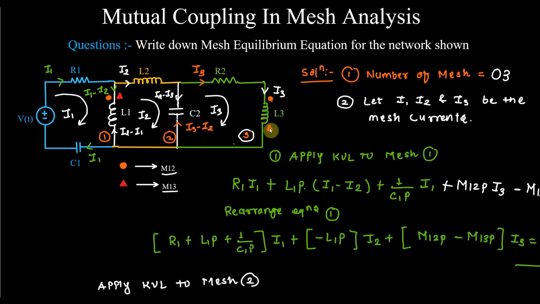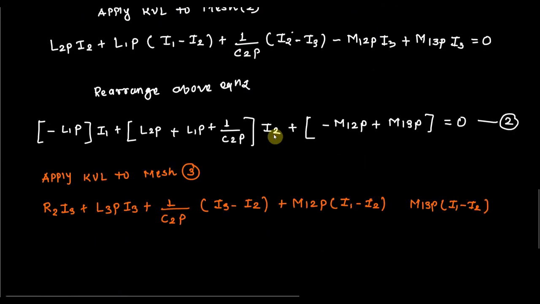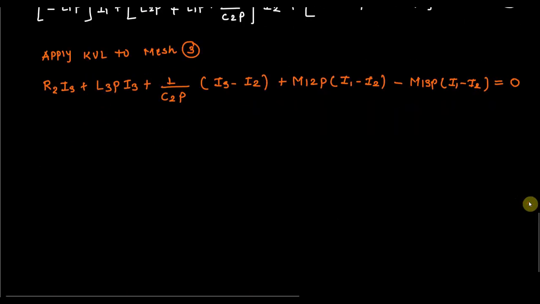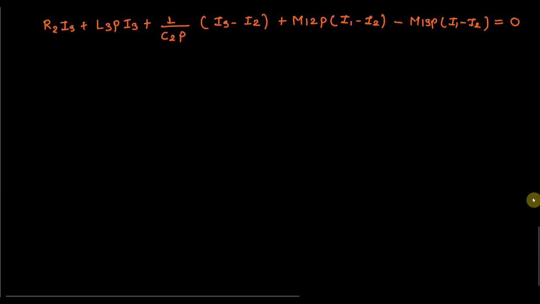And here the I1 minus I2 current is entering. So one leaving, one entering. So that is treated as negative. And that is equal to 0 as there is no other voltage source.